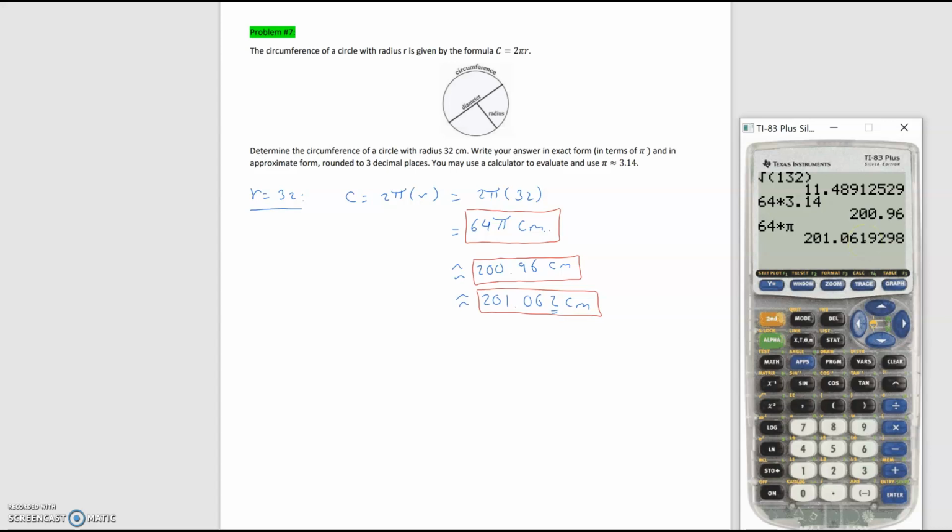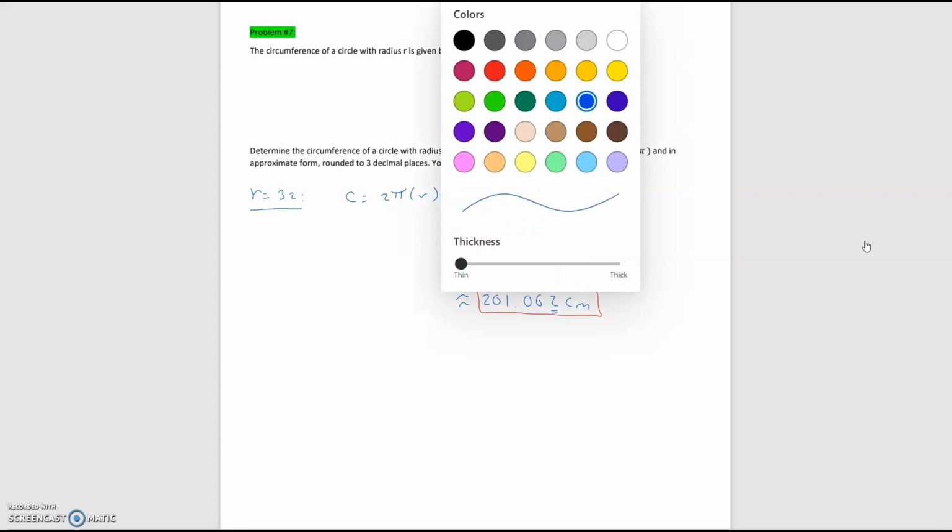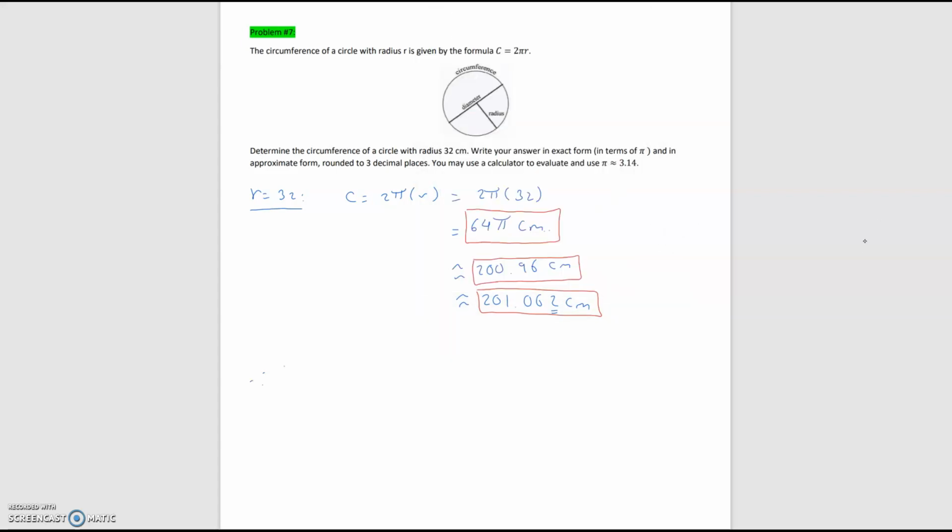Let me just write it out as a sentence. So the circumference C is equal to 64 pi centimeters, which is approximately, and I'm just going to use the value that they wanted us to use here, 3.14, so that gave us 200.96 centimeters.